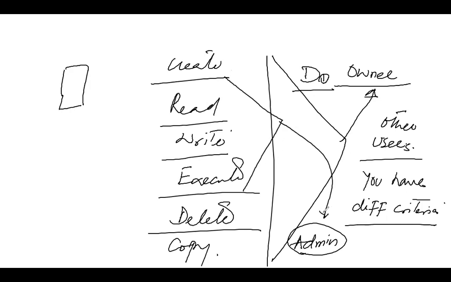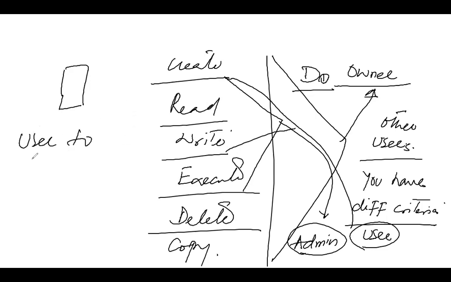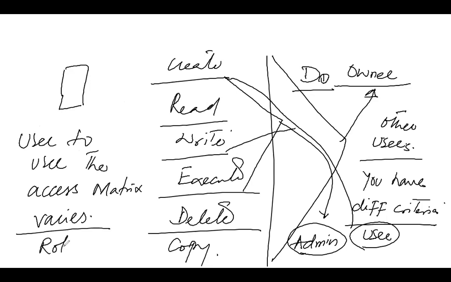To a simple user, you can only give the right of read and the right of write. So from user to user, the access matrix varies based on his role. What is the role of that user? You can differentiate and provide access accordingly.